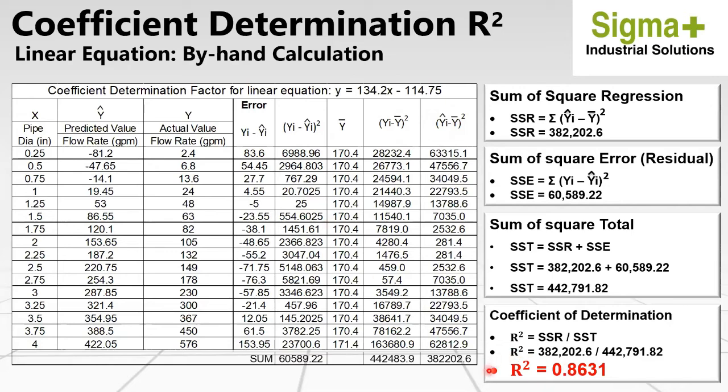And by doing that, I calculate my coefficient of determination by following the equation, where I found that the SSR is 382,202.6, which is the sum of the predicted y minus the y bar to the power of 2.